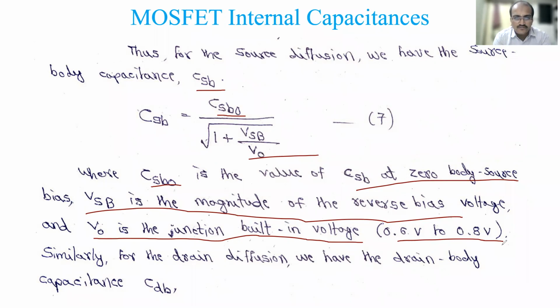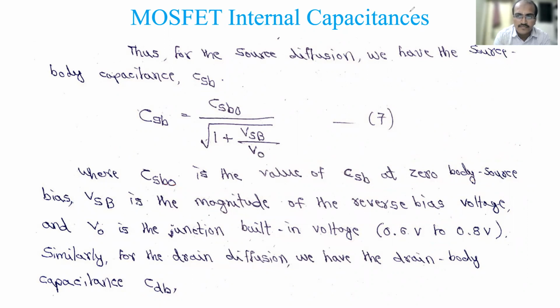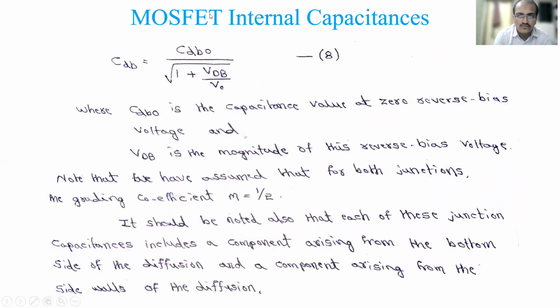This is for the source diffusion, where we have seen CSB equal to CSB0 divided by this expression. Similarly for the drain diffusion, we have the drain to body capacitance denoted as CDB. These are the fourth and fifth capacitances we are discussing in the MOSFET internal capacitances under the heading junction capacitances. This formula looks like CDB equal to CDB0 divided by the square root of 1 plus VDB by V naught.